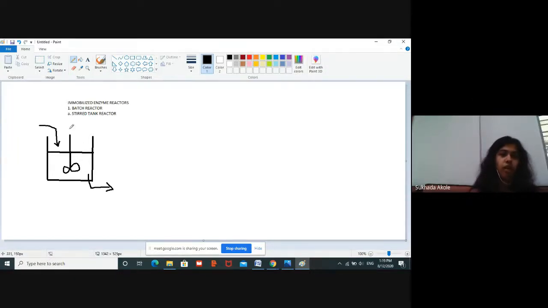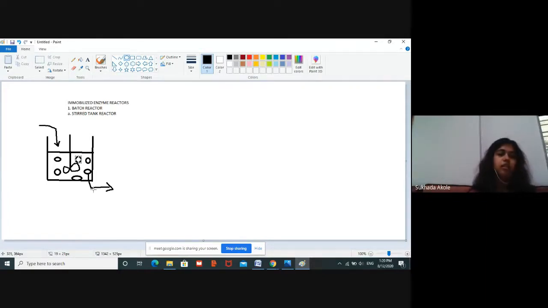And here I have my product, and these circles are my immobilized enzymes, so that whenever I filter it using normal filters or industrial filters, these circles will remain in the reactor, and only the product or the liquid will come out. So this is the stirred tank reactor.